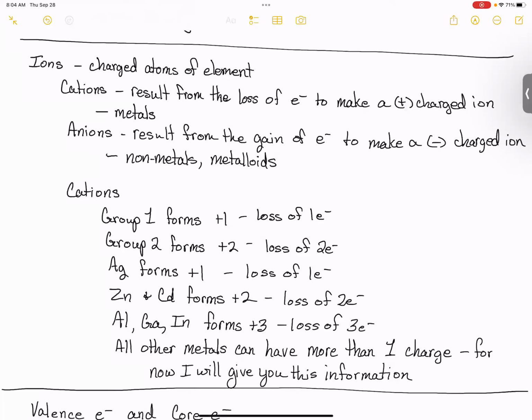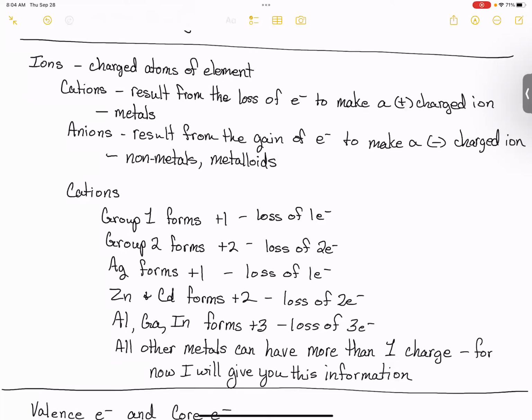Now, in our cations, we have certain elements that always form the same charge. And those elements that always are going to form the same charge include group 1. Your group 1 metals will always form a +1 charge.